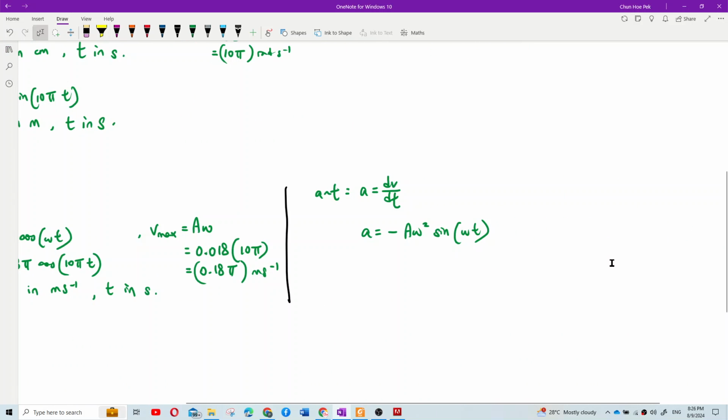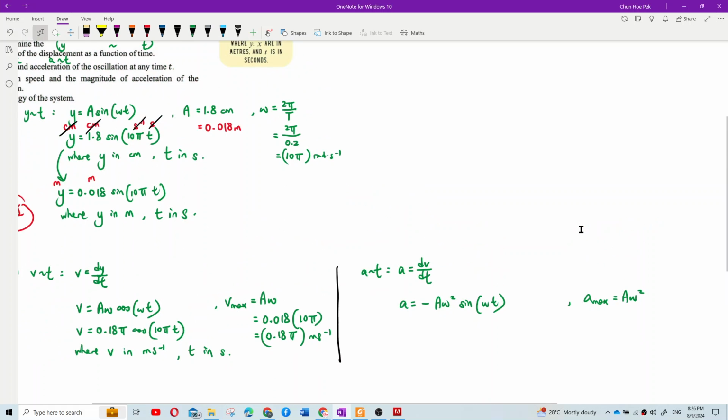Then you have to find the acceleration maximum. Our acceleration maximum is A omega square. You understand, class? Just now you have Y maximum also. Y maximum is A. That's why you get A here.